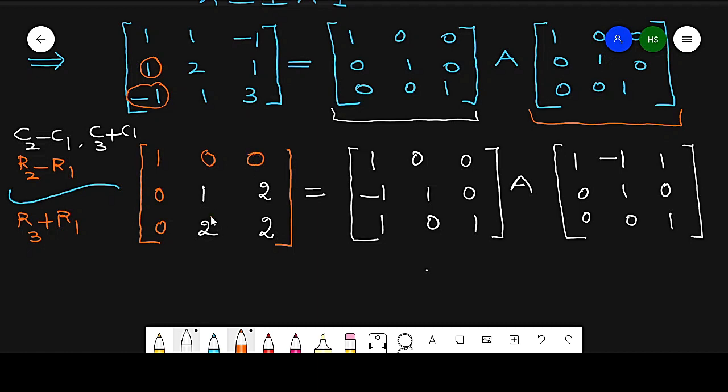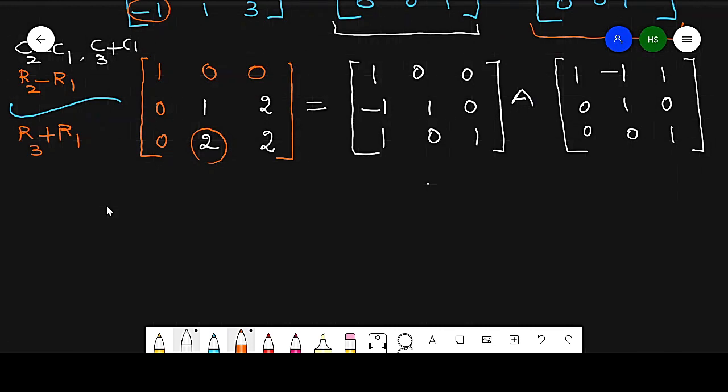Now my aim is to make this term 0. So first I apply the row operation, then I will apply the column operation. In order to apply the row operation, I write R3 minus 2R2.